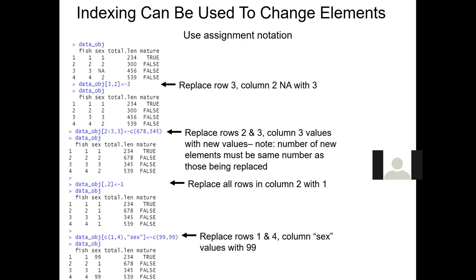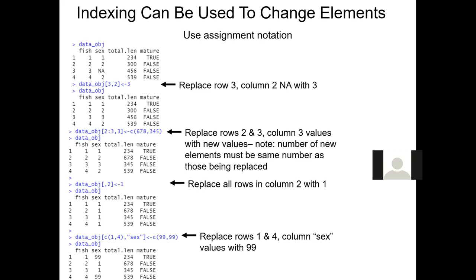So not only can you see what's at particular element positions, you can actually use the same coding to assign numbers, whatever, to those positions. So in this case, again, we have the data object with the data frame there with the fish information.